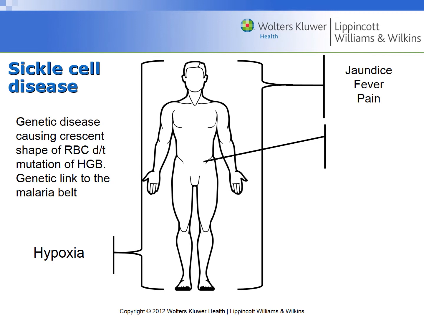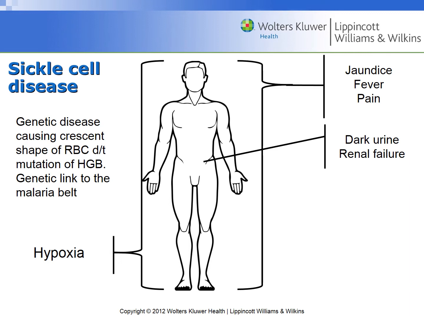We get jaundice, fever, pain, impact on the liver, causing the jaundice. Pain, extreme pain, may be localized to areas where sickled cells have clumped together and blocked blood flow. These can be life-threatening.